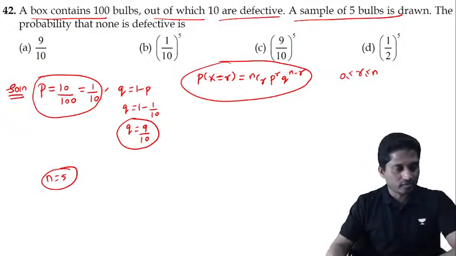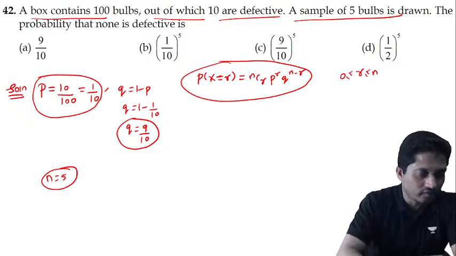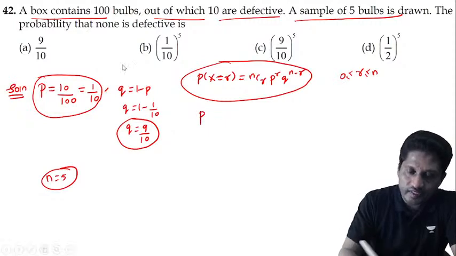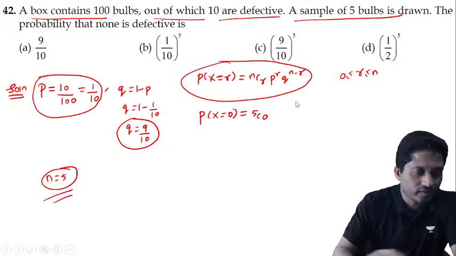So if I substitute here, none is defective means probability of x is equal to 0. That is equal to 5C0 because n is equal to 5.